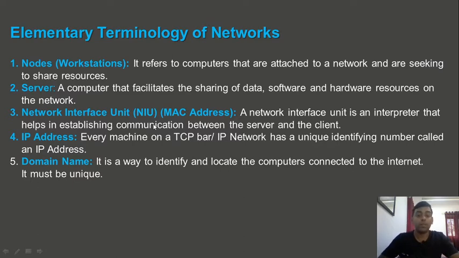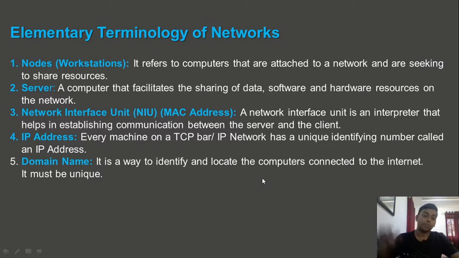So that is what the NIC card is, and it acts as an interface between our computer and the internet, or we can say network. A network interface unit is an interpreter that helps in establishing communication between the server and the client.